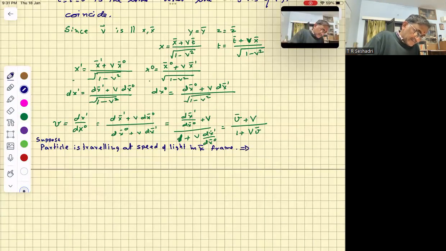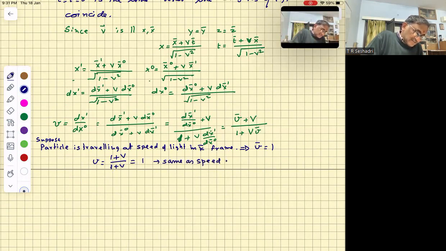This implies that v bar equal to 1 because we have taken c equal to 1. And this implies v is equal to 1 plus capital V by 1 plus V, which is equal to 1, same as the speed of light.